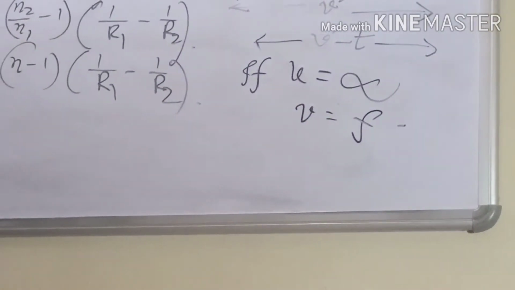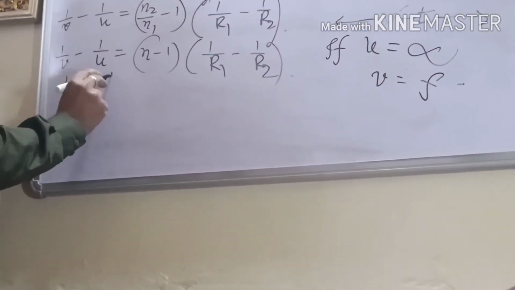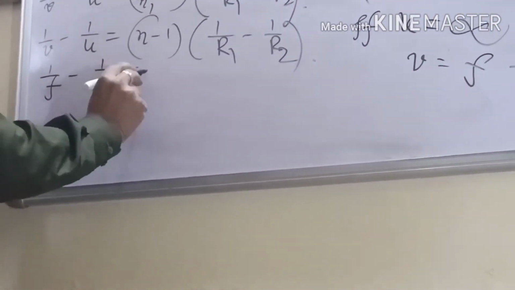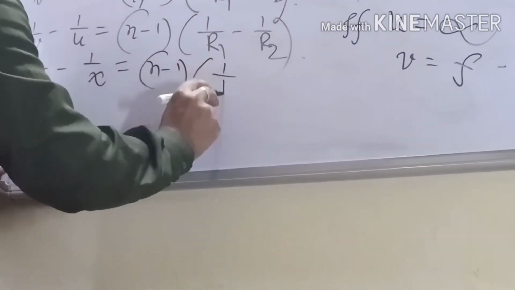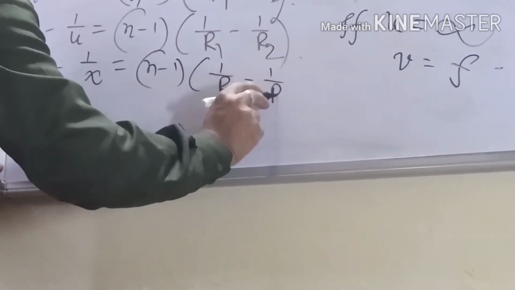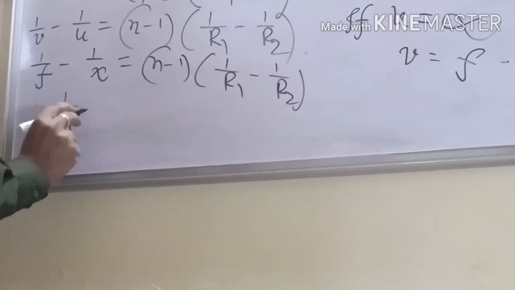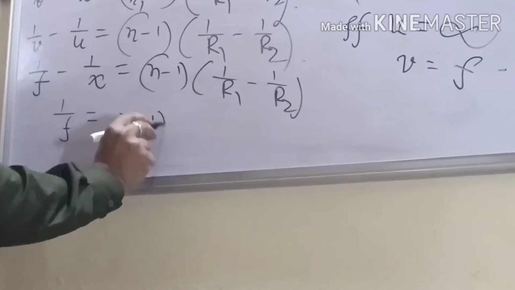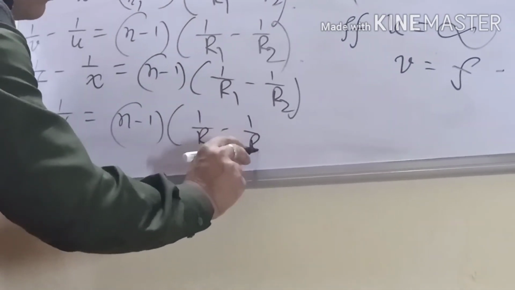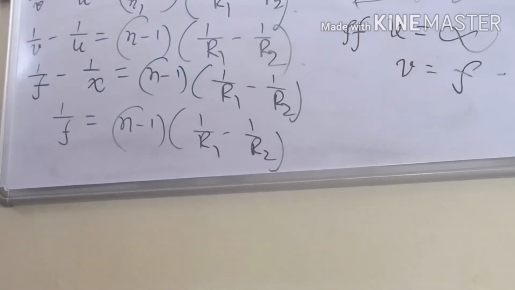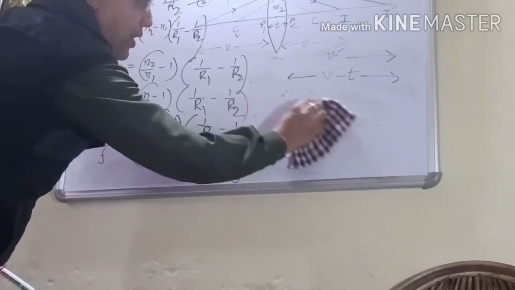So if you write it over here, then what you get? 1 upon f minus 1 upon infinity is equal to n minus 1, 1 upon r1 minus 1 upon r2. That is 1 upon f is equal to n minus 1, 1 upon r1 minus 1 upon r2. So we get this final relation.